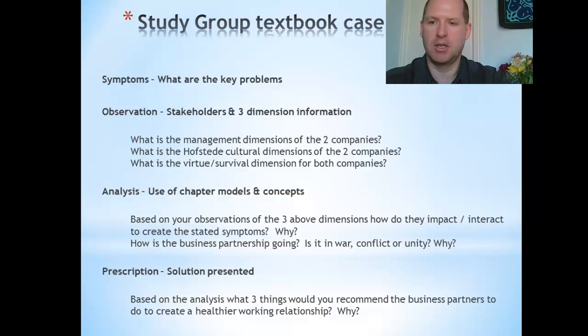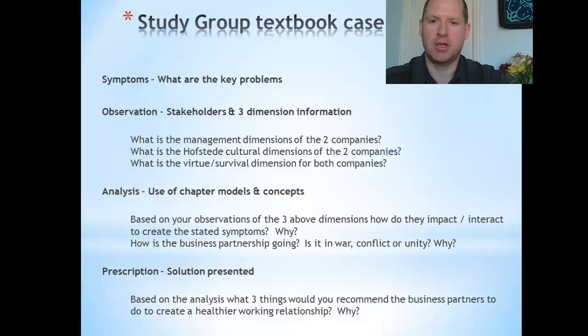And in the third section, you have the analysis. So based on your observations, so the person, if you're splitting up the work, you really need the observations before you do the analysis. So based on those observations, what's the impact of some of these things? So are there cultural impacts that are impacting the partnership?